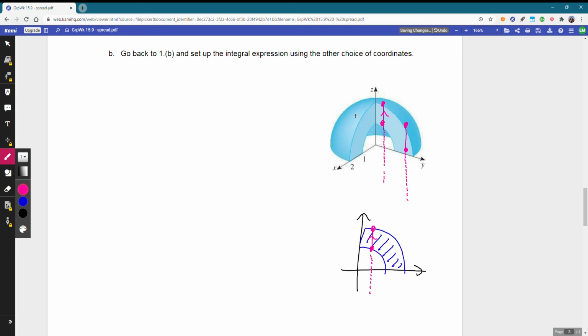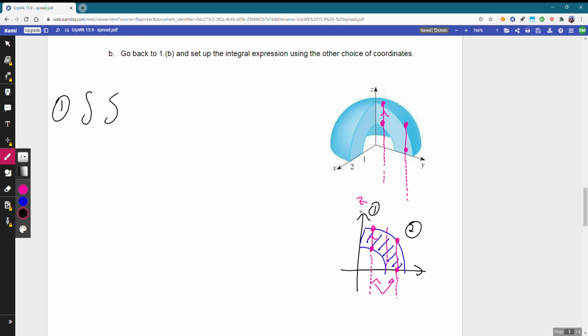But if we're near to the edge on the right, then as we move z, we're going to be starting z at 0 and stopping at the outside sphere. And so we're going to have a change of instructions. And so once again, we'll need two integrals to set this up. All right, so here we go. We're going to have, let's say, this kind of more inner portion. We'll use integral 1 to do that. And the outside portion, we're going from 0 to the sphere through integral 2.